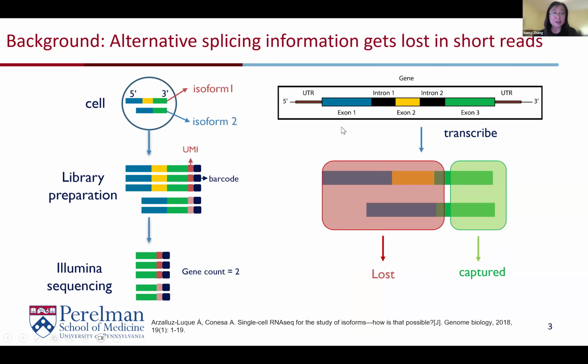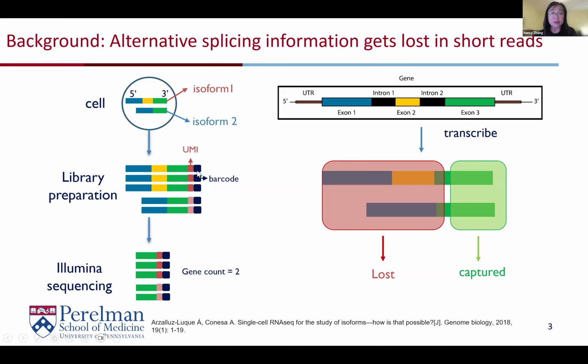You know what alternative splicing is. A gene can have multiple isoforms, right? And even within individual cells, there might be multiple isoforms of the same gene. Now, when we do library preparation, we extract the RNA and then we attach UMI, the unique molecular identifier, which is now common to all single cell and spatial barcoded experiments.